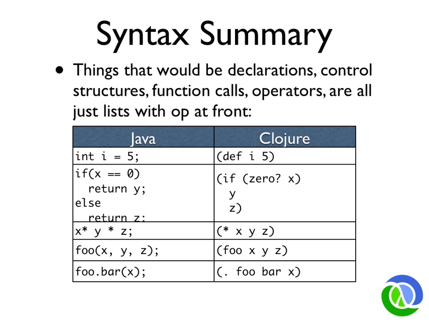So we've reduced all of this variation here to something uniform. So we'll look at each one. Int i equals 5 establishes i as a name whose meaning is the value 5. Def i does that as well. But where in this does it say it's a definition? Whatever some rule about the shape of this thing says it's a definition. In Clojure, def says that's what it means.